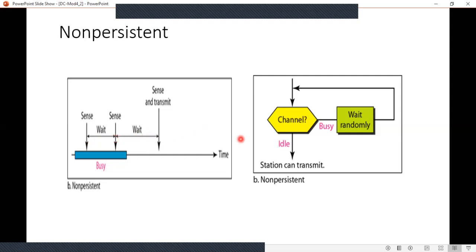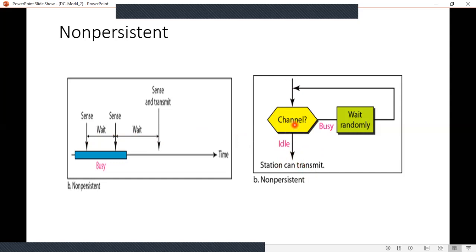The flow diagram for this non-persistent method procedure: at first it will sense the channel, and the station will see whether the channel is busy or idle. If it is idle, then this station can transmit its frame.